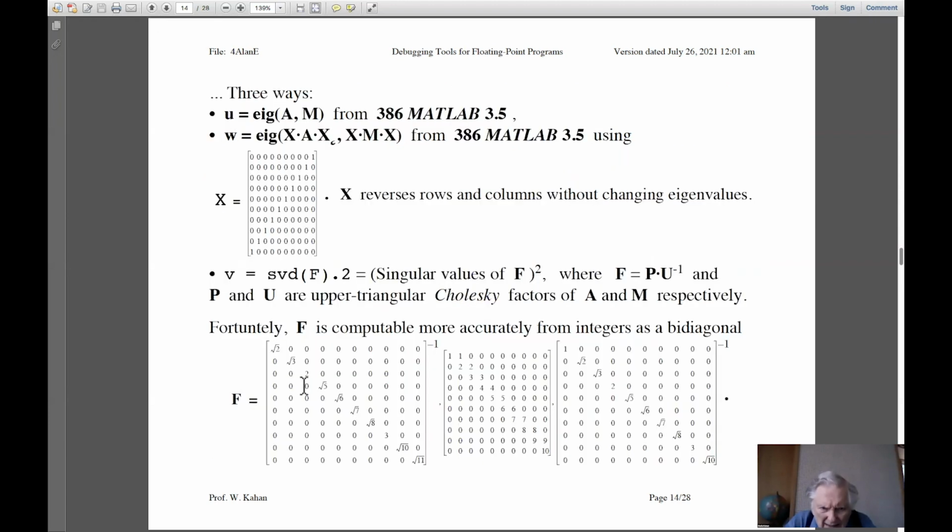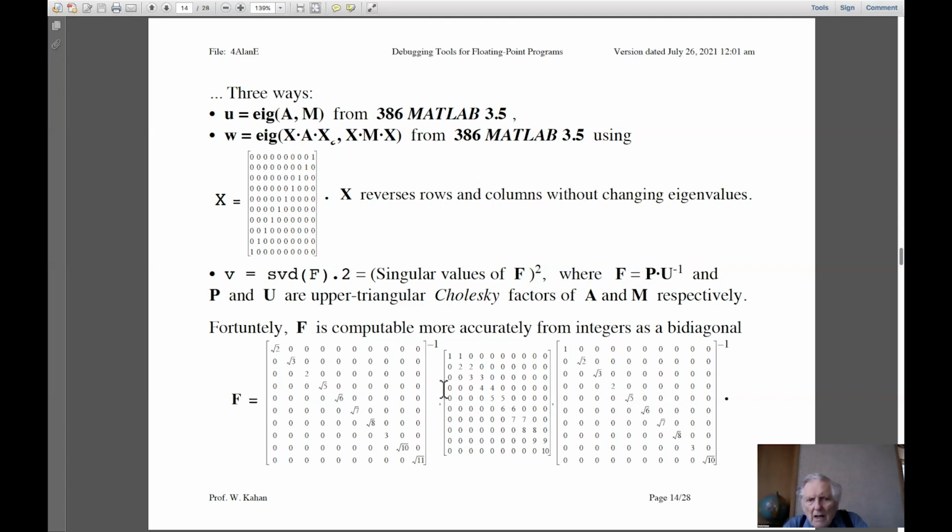It's not easy to see, but F is a diagonal matrix of square roots multiplied on either side by a bidiagonal matrix. And that can be computed pretty accurately because although the square roots get rounded, the rounding error is just in the last digit. And the middle matrix, the bidiagonal matrix, its elements are all integers. So when we multiply all these things together, the rounding errors are going to be in the last few bits.